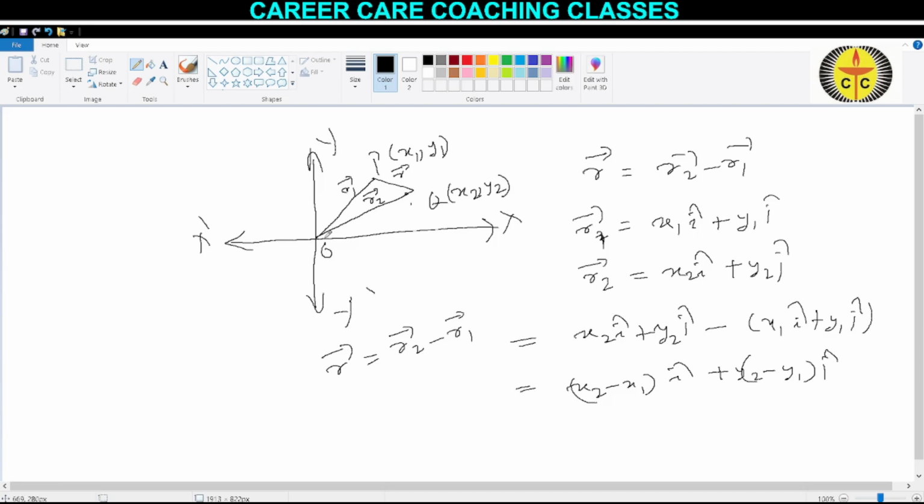If the initial point P coincides with the origin, then what will be the coordinates of P?